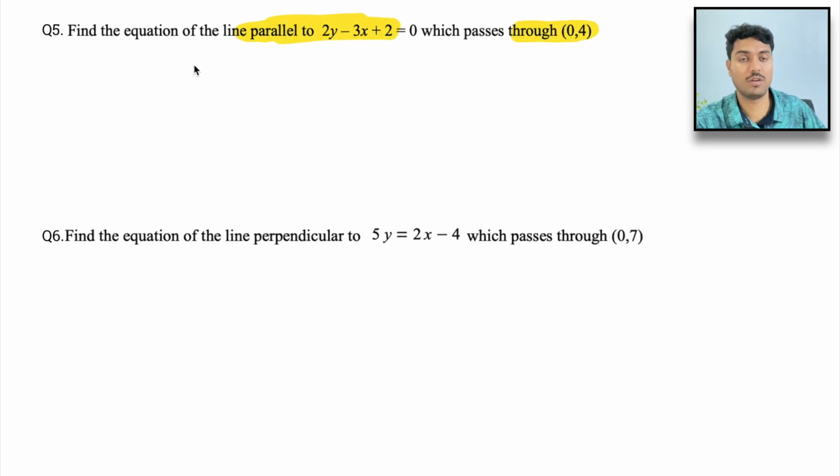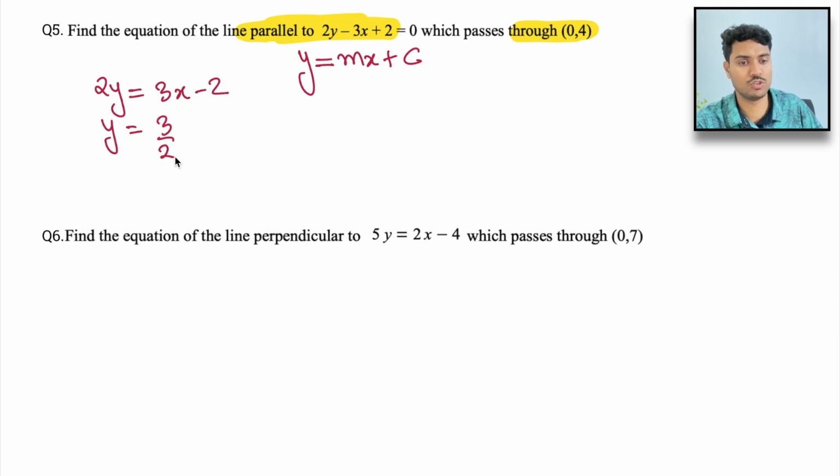So first rewrite the equation in the general form of a straight line equation, that is y equals mx plus c. So we have 2y equals 3x minus 2. So you can write it as y equals 3 upon 2 x minus 1. That means the gradient is 3 by 2.